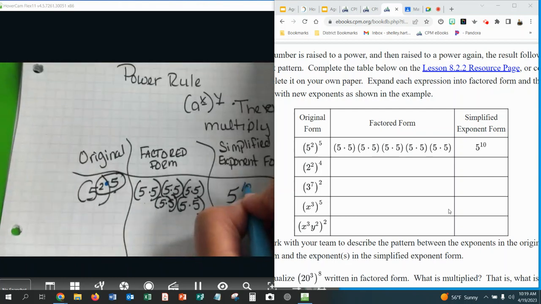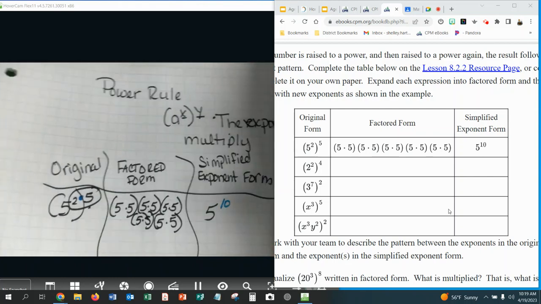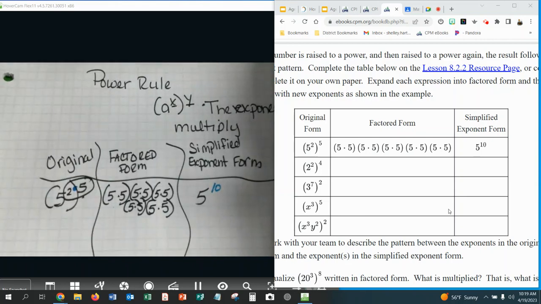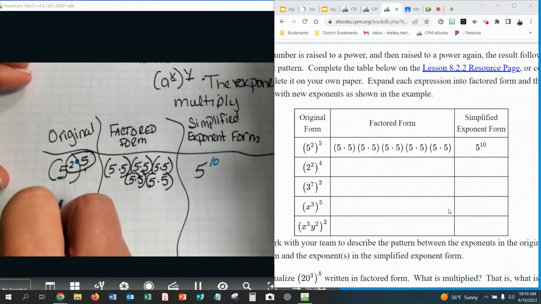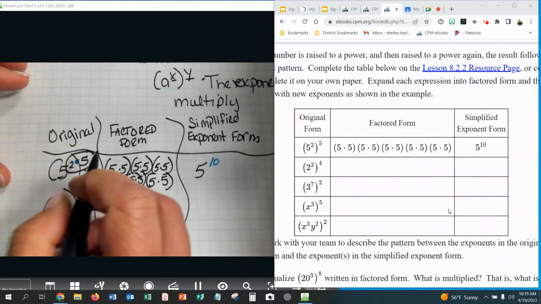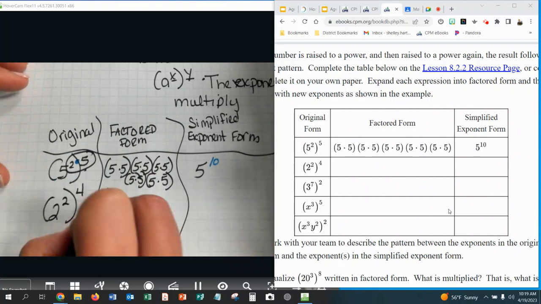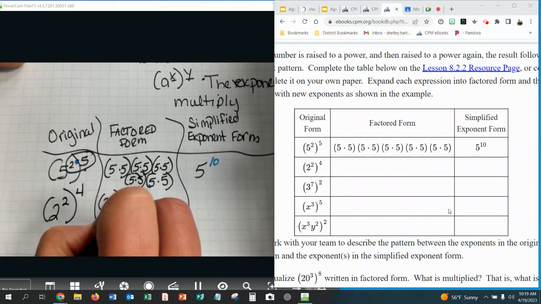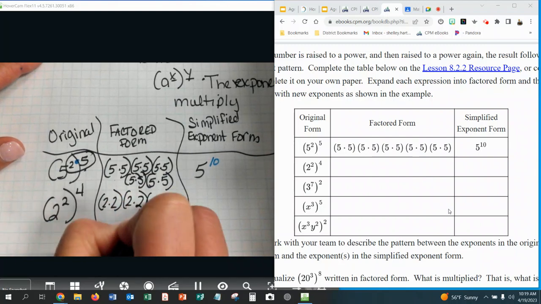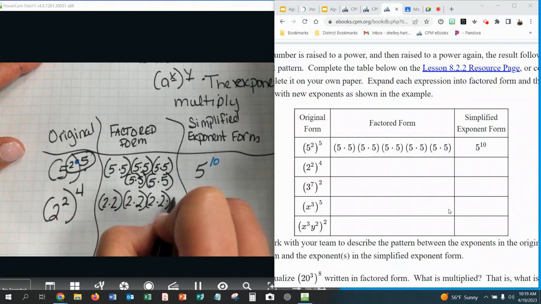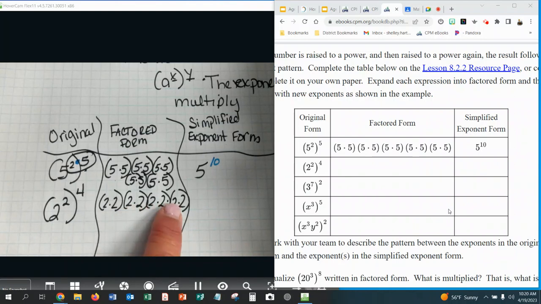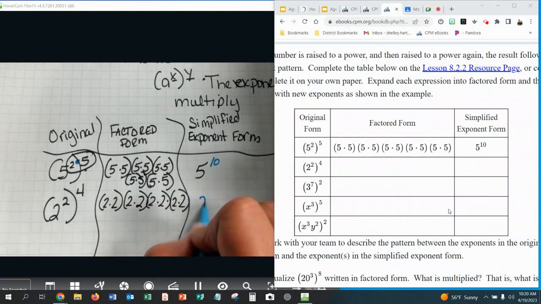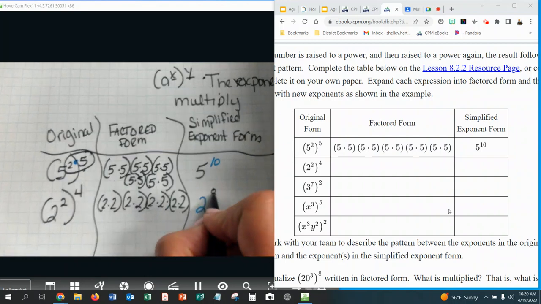So this becomes 5 to the 10th. Okay? The next one, you have 2 squared to the 4th power, right? And it would go 2 times 2 times 2 times 2 times 2 times 2 times 2 times 2. Or what could you do? 1, 2, 3, 4, 5, 6, 7, 8. You're going to have 2 to the 8th power. Okay?